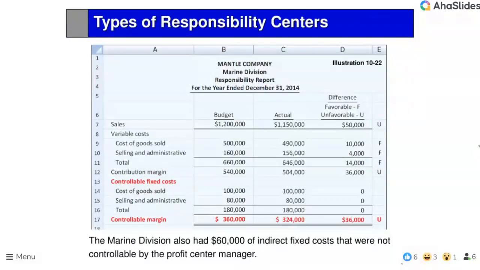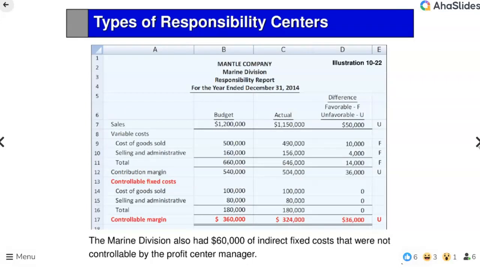We come up to the contribution margin, 540, and the actual is 504, an unfavorable variance. But this manager also controls part of the cost of goods sold that is fixed, and part of the selling and admin that is fixed. So they're included, and sales minus these costs gives me the controllable margin. It's called a profit center, but actually it's not profit, it's controllable margin.